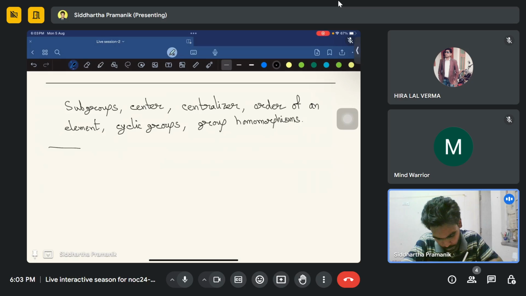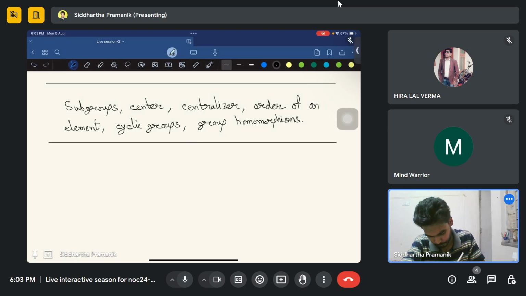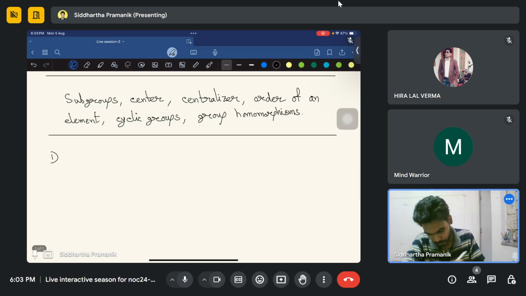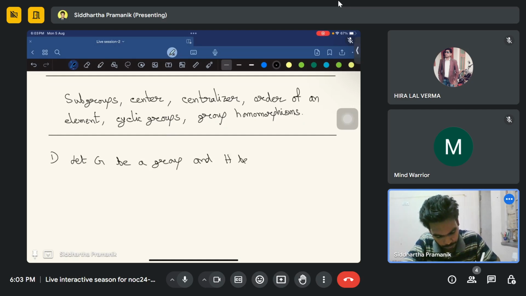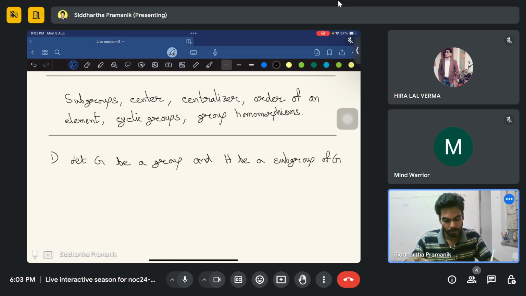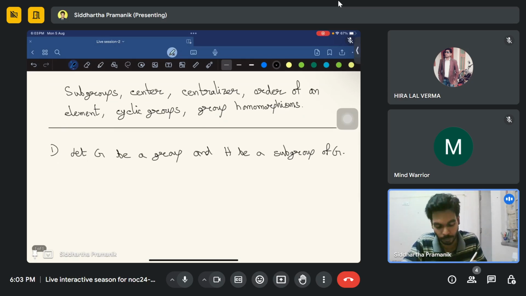So let me write down the problem. Let G be a group and H be a subgroup of G. Now using this H, we can construct another subgroup.